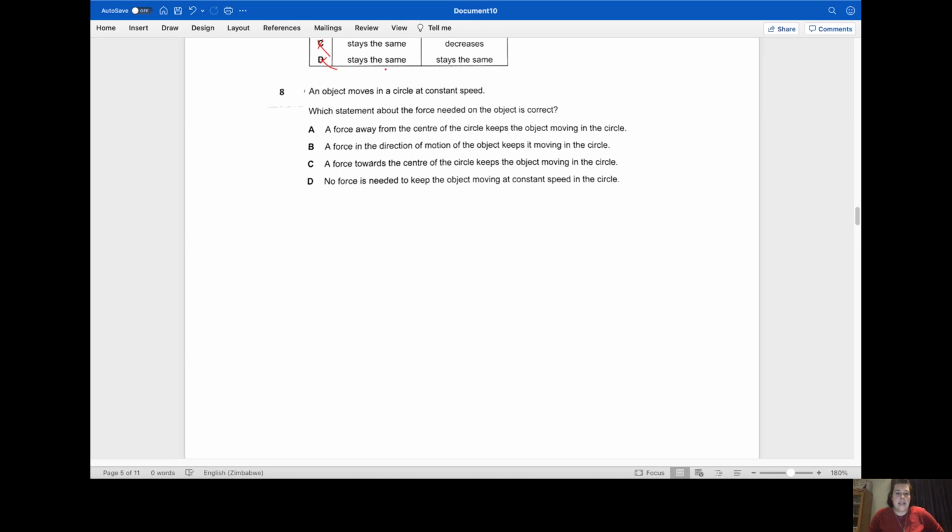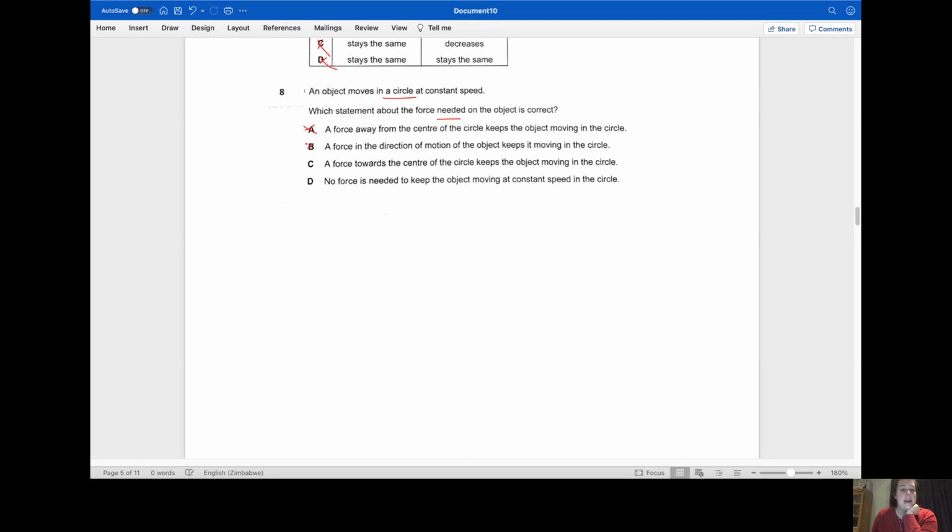Right, an object moves in a circle. Straight away you should be thinking, centripetal force, at a constant speed. Which statement about the force needed on the object is correct? A force away from the center keeps the object moving. No. A force in the direction of motion.